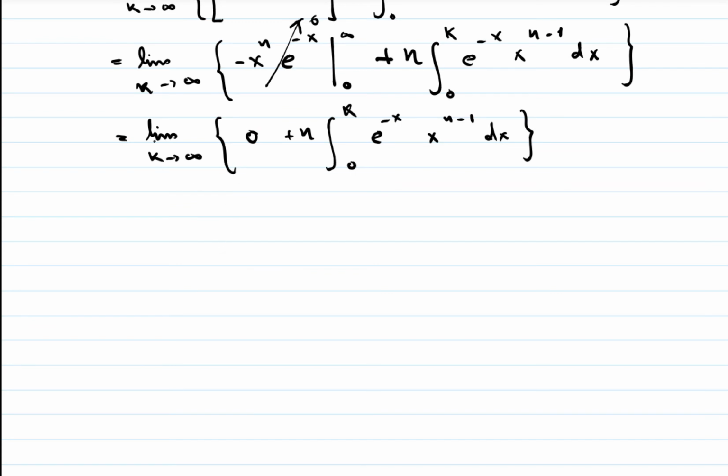Now, instead of writing limit again, I just want to apply the value which k is tending to. So this can also be written as n, and then from 0 to infinity, k replaced by infinity, of e raised to minus x, x raised to n minus 1, and then dx.